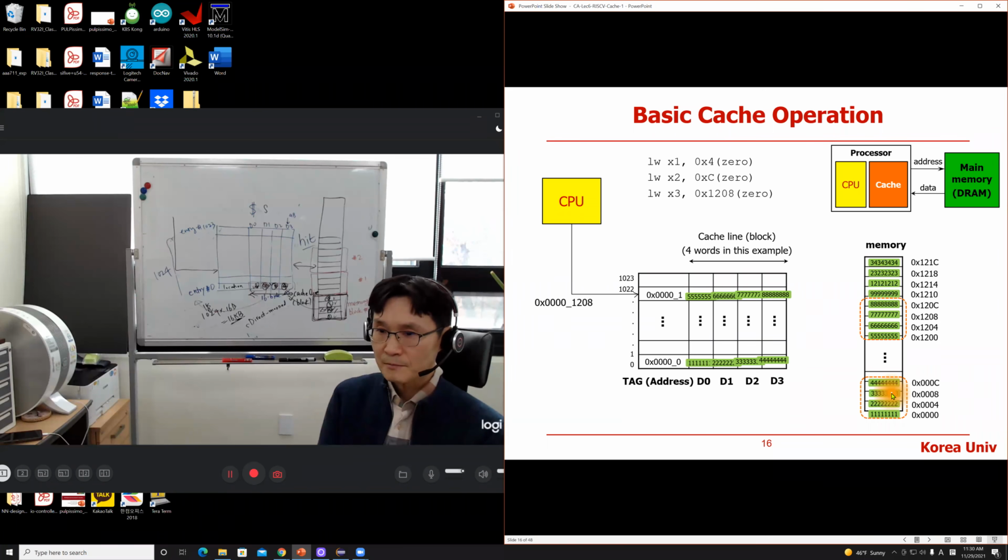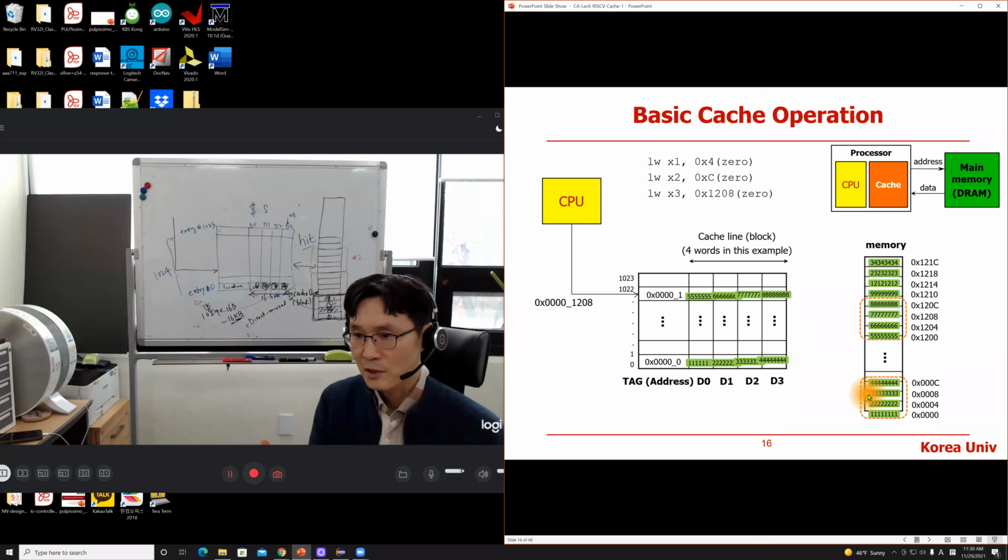Because we place this whole memory block, we can take advantage of locality properties.